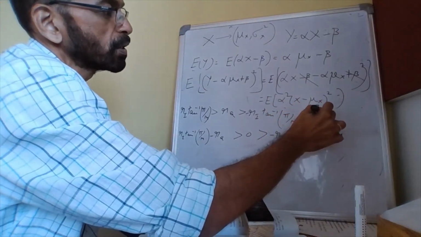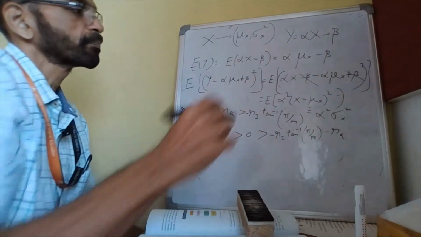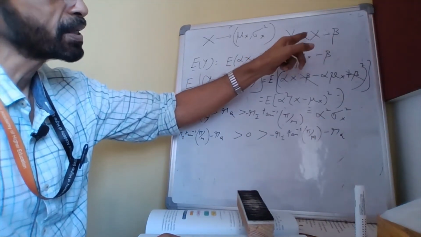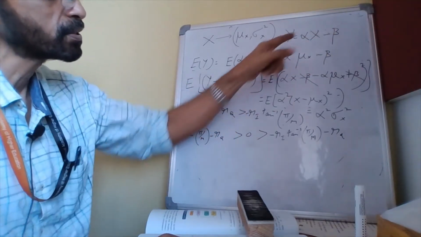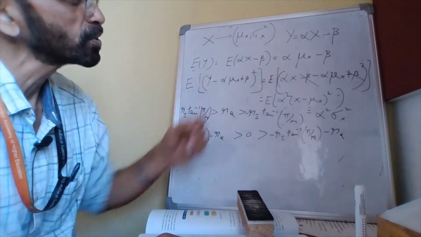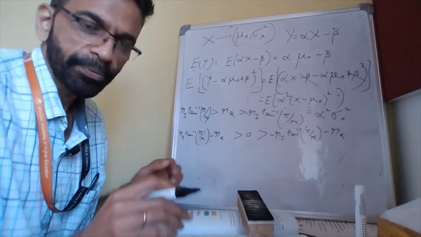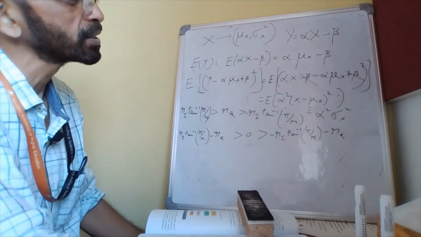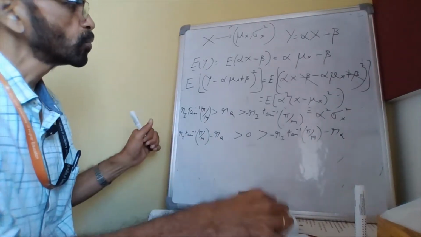That gives alpha square sigma x square. So what we see from this is that if you multiply a random variable x with a deterministic constant alpha and subtract beta from that, its mean becomes alpha mu x minus beta, where mu x is the mean of x, and its variance becomes alpha square sigma x square. So variance of x gets multiplied by alpha square, and the mean gets multiplied by alpha, and then beta is getting subtracted from that.